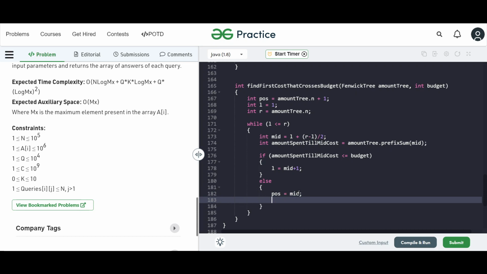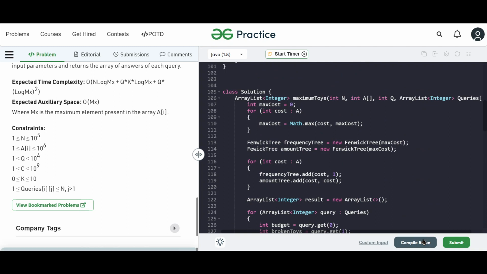So we'll also continue searching in the left. So we'll do R equals to mid minus 1. And eventually, whatever is the smallest position that we can get, which crosses the budget, will be at that point. And at the end, we'll return position.